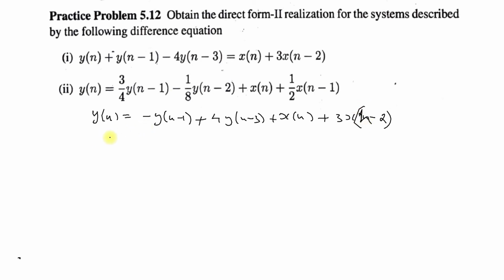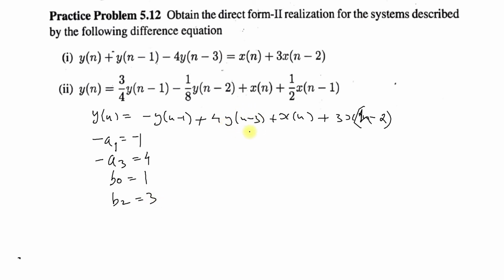Then you can write down the coefficients, that is minus a1 equal to minus 1. Then there is no n minus 2. Next one is minus a3 which is equal to 4. Then we have b0 equal to 1. Then we have b2 equal to 3.